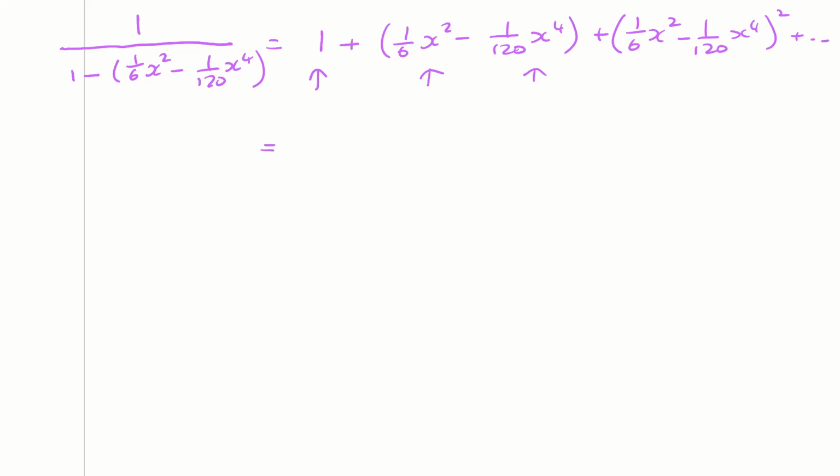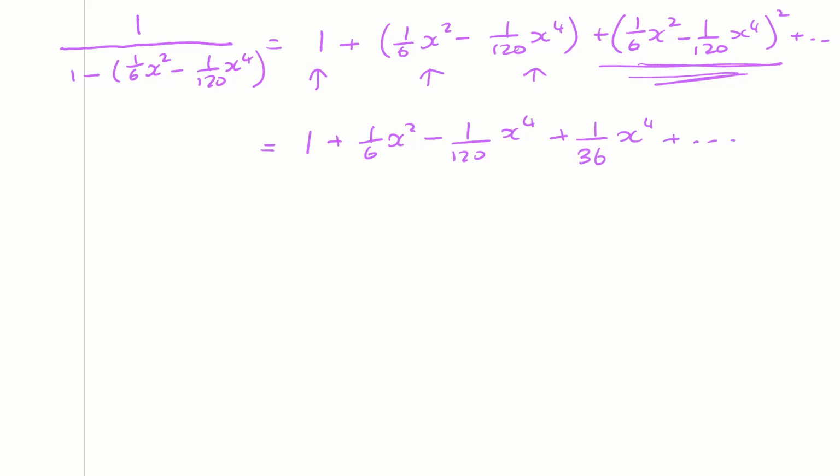So we have 1 plus 1/6 x squared, take away 1 over 120 x to the 4, and then when we expand this thing out, we only need to worry about the first term, which is when we do 1/6 x squared times 1/6 x squared. That's going to give us 1 over 36 x to the 4. Anything else that comes from this bracket will have a power of more than x to the 4. So we're only worried about that.